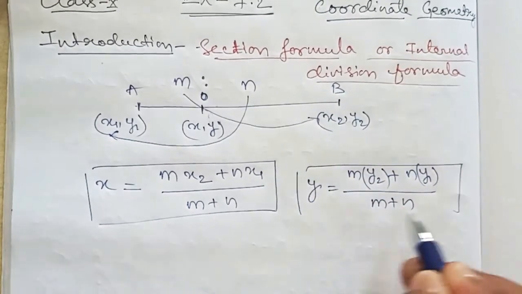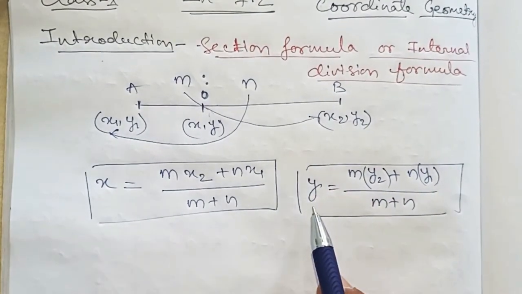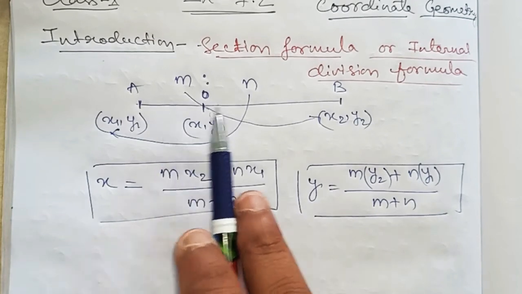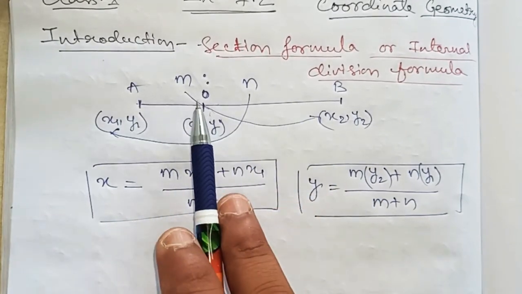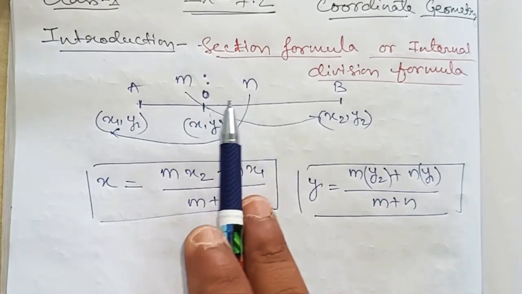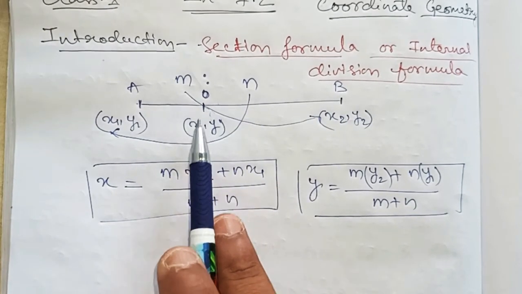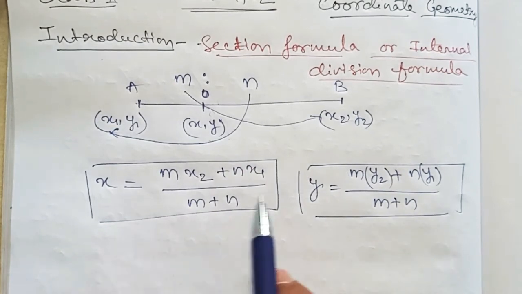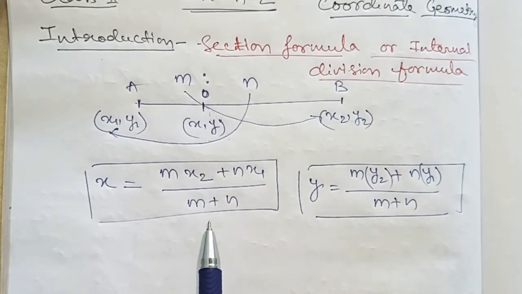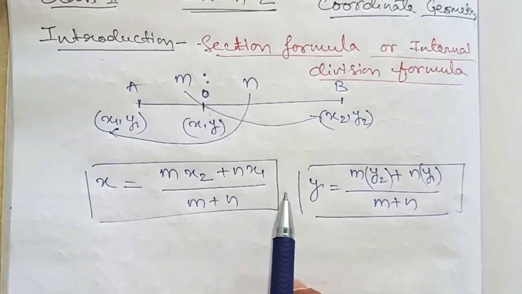This is the formula to calculate the value of y. So any line divided in the ratio m:n, and we have to find the coordinates of the dividing point, then this formula will be used. We will use it to solve a question so that you understand how to use it properly.